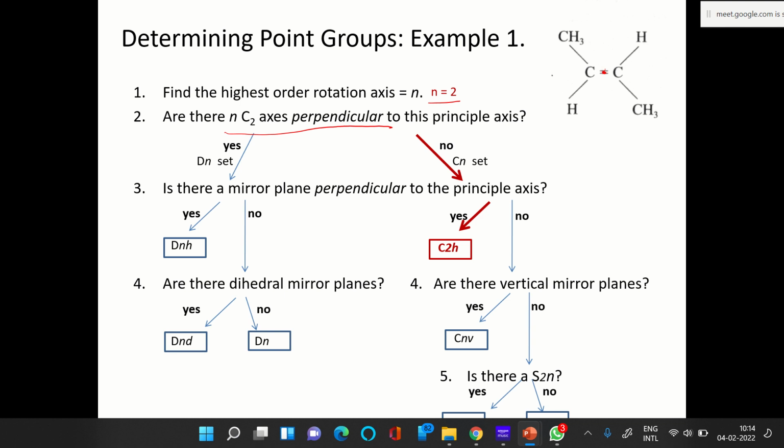So just try to see if you do have a mirror plane perpendicular to the axis. If you do, that's how you label it C2h. So once you have realized this, you can reach the answer easily.